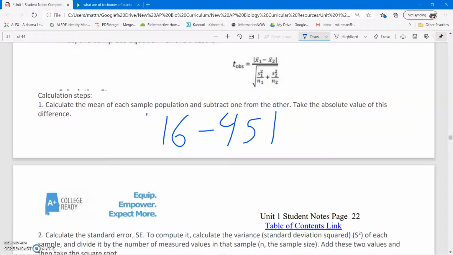Subtract those and take the absolute value, so that gives us negative 29, and we take the absolute value, that gives us just 29. If you don't remember, absolute value basically just takes your number from a negative to a positive. So we're going to have 29 divided by all of this down here.